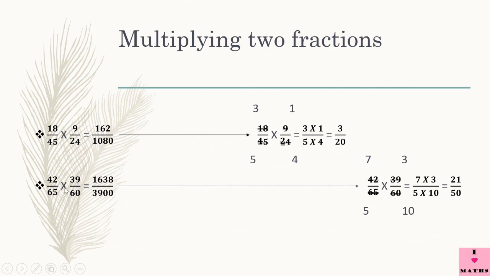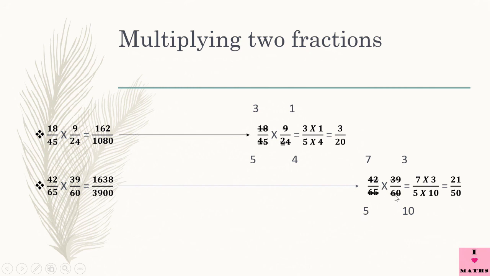Because 39 and 65, both of them come in the table of 13. 13 twos are 26, 13 threes are 39, and 13 fives are 65. So we will cut this and write 3. We will cut this and write 5.